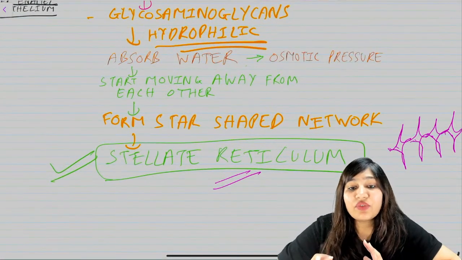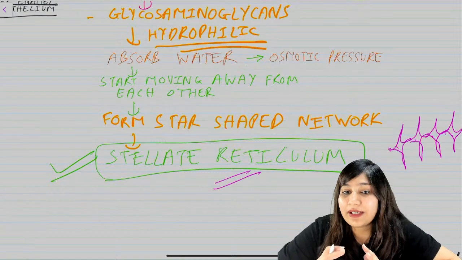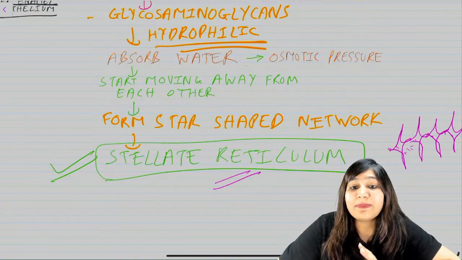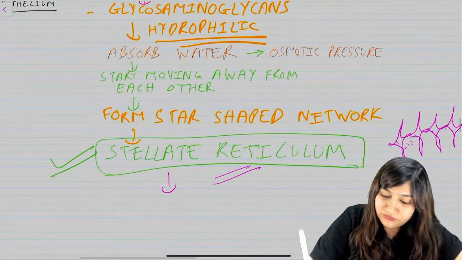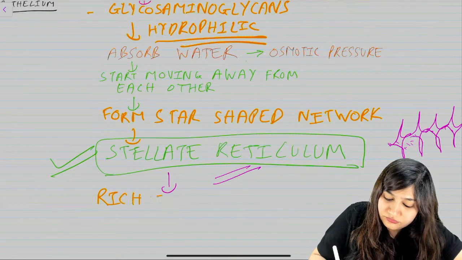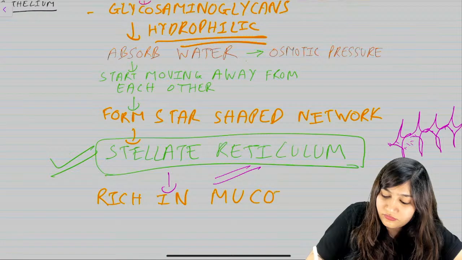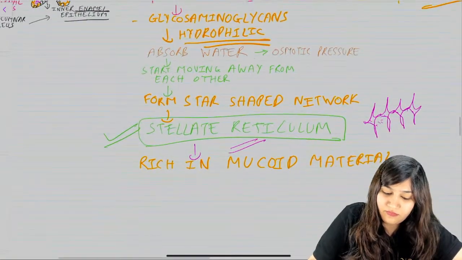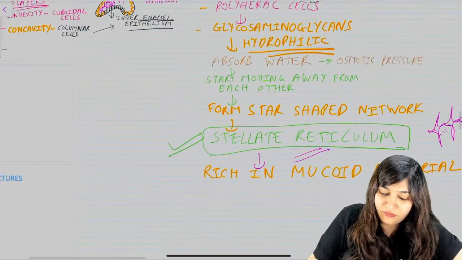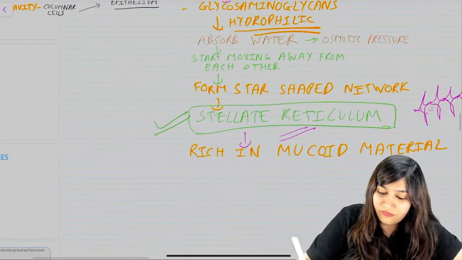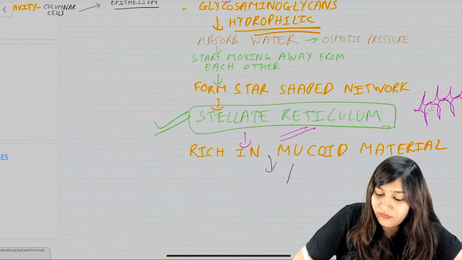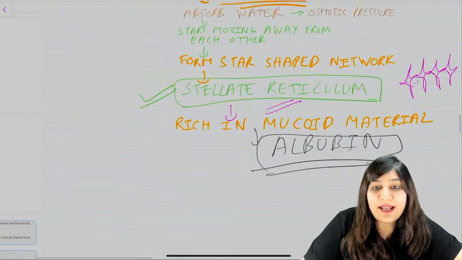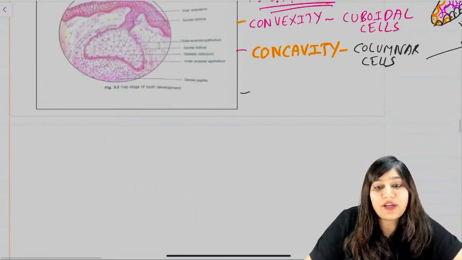Now, in between these cells, we will have a mucoid material. The substance between these cells is rich in mucoid material, which is mainly albumin. So, what will be the function of stellate reticulum cells?